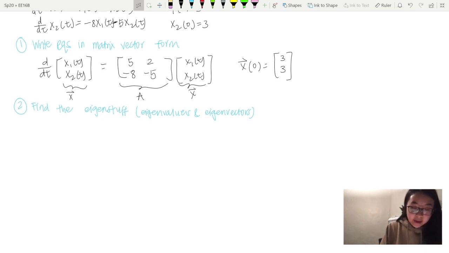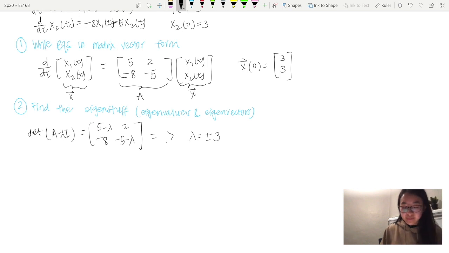So we can just take the determinant of A minus lambda I, with lambda, -8, 5, lambda. I'm just going to skip through the calculations, but this will basically lead you to lambda equal to plus or minus 3.